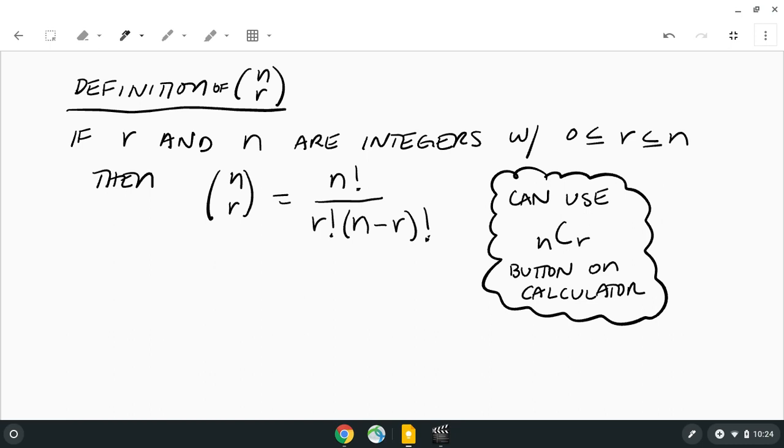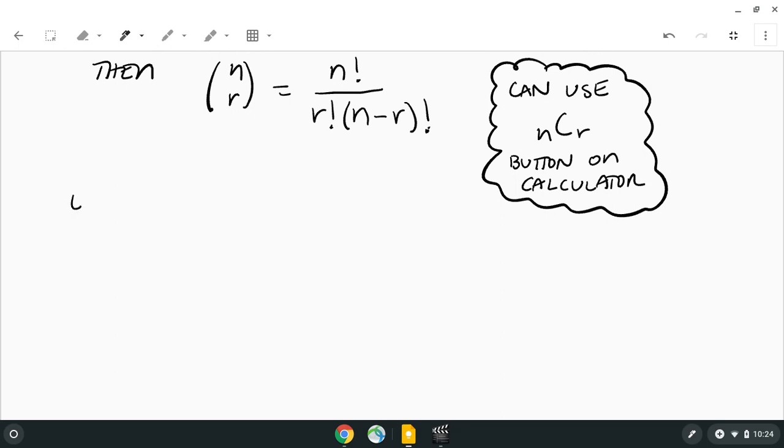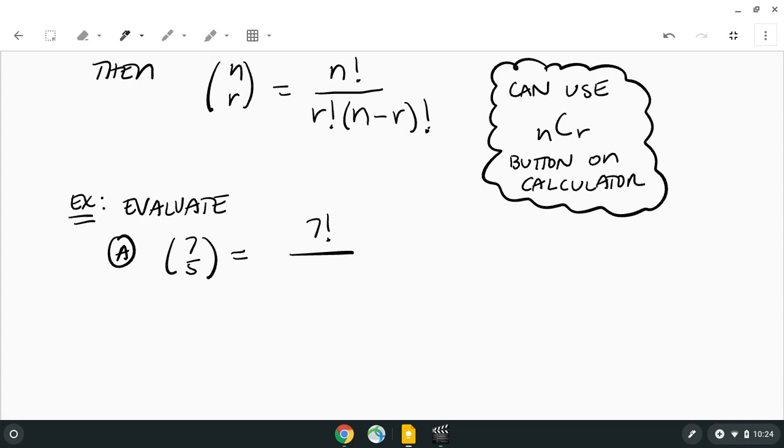Okay. All right, so let's take a look at an example of this. Evaluate. And let's do this one, 7 choose 5. So according to this formula, 7 is n. So I'm going to do 7 factorial here.